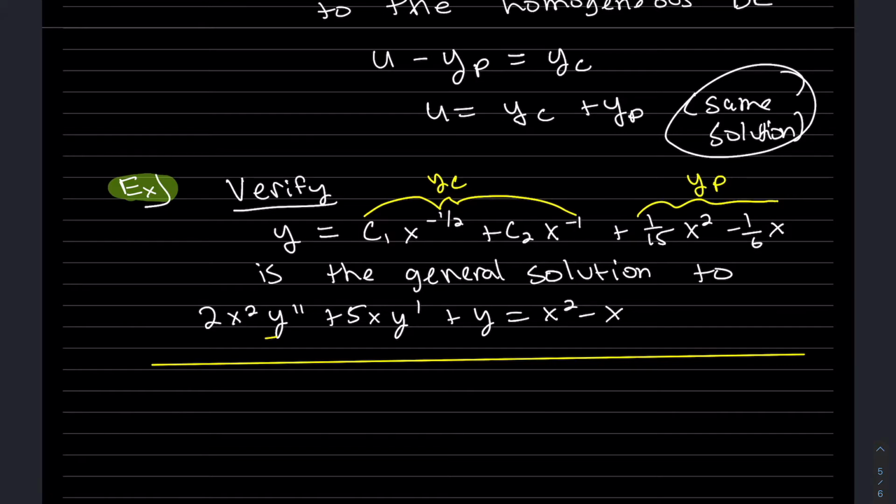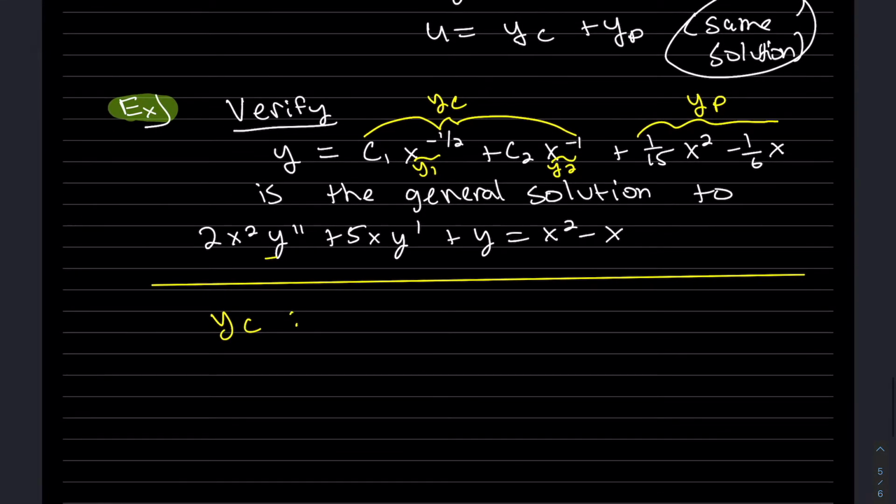In order to be a general solution, we have to have yc plus yp. And to show yc, we need to show that it has solutions y1 and y2 and that they are independent, so it forms the fundamental set.